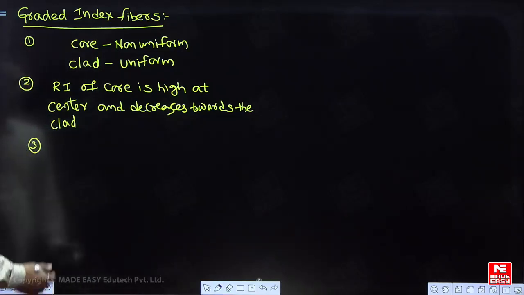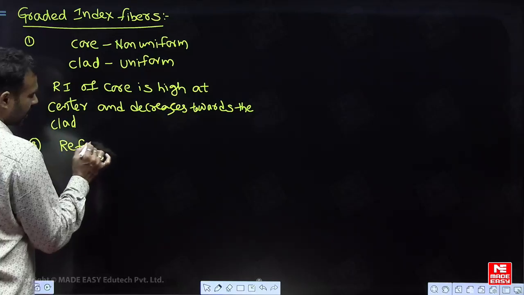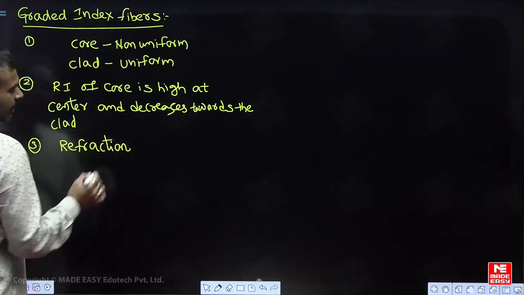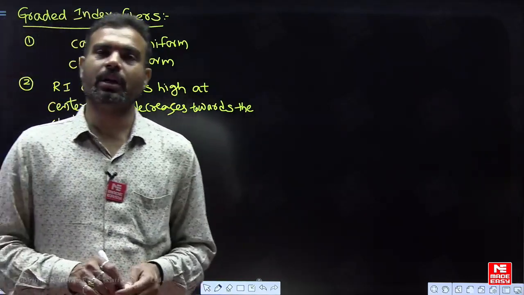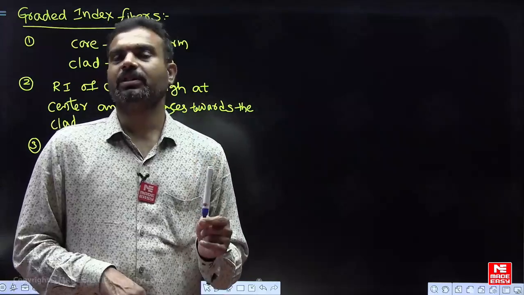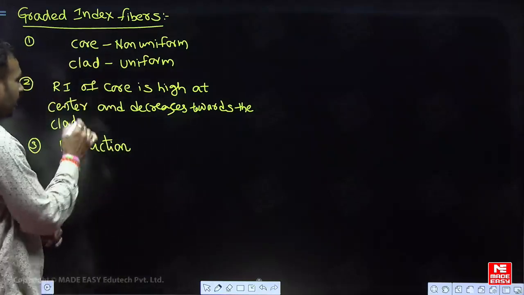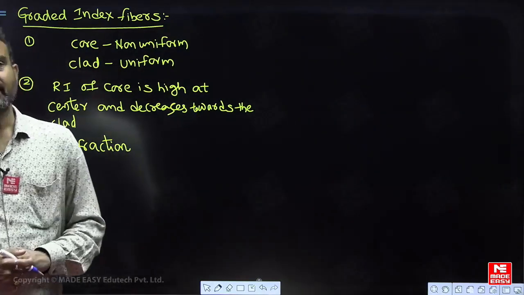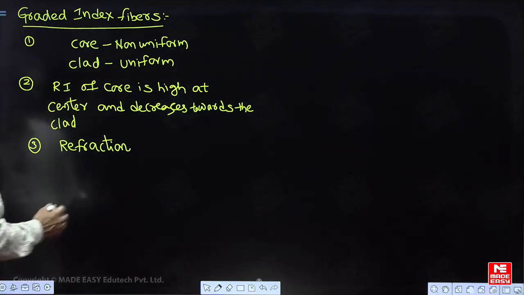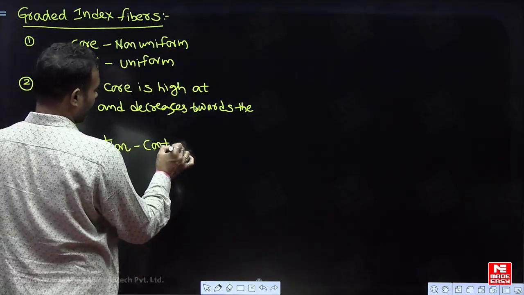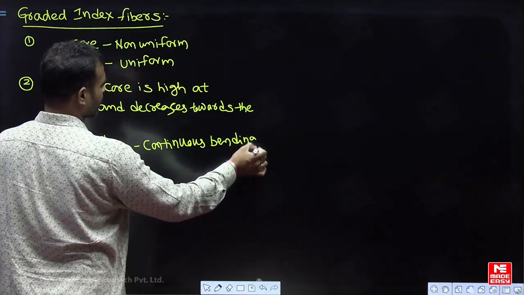Third important point, light travels with refraction rather than reflection. Generally the principle in optical fiber cable is TIR, total internal reflection. But total internal reflection is not satisfied by the gradient index fiber. It takes refraction. Refraction means continuous bending of the light ray is present.